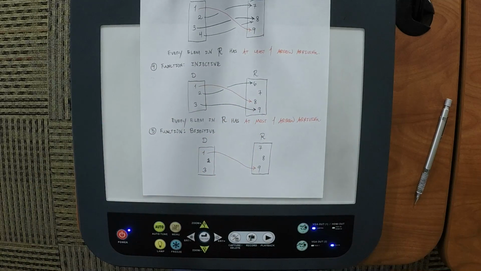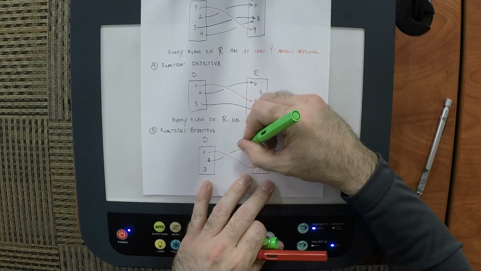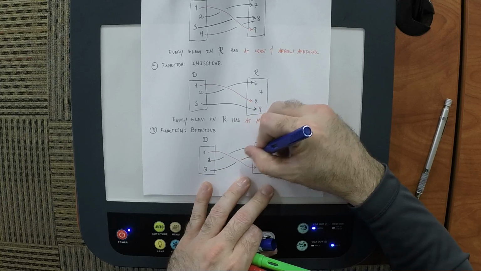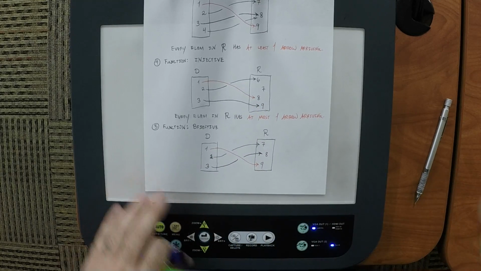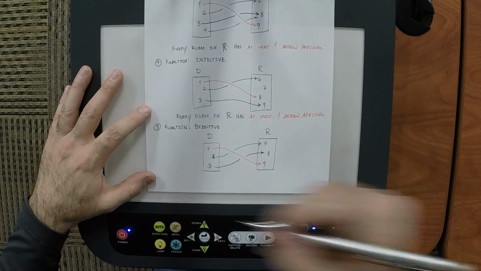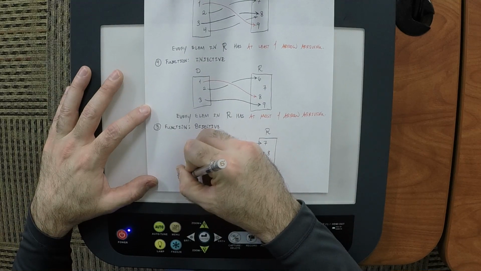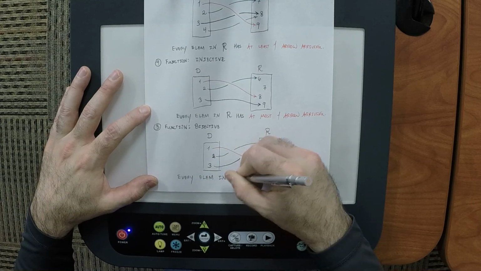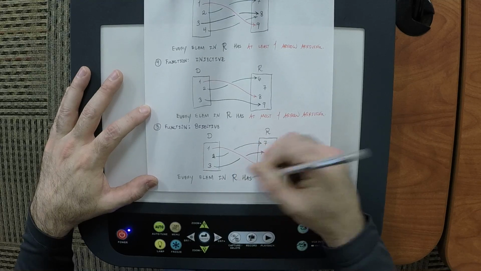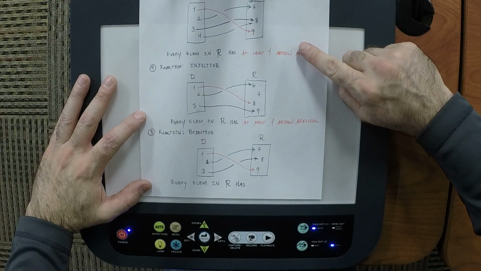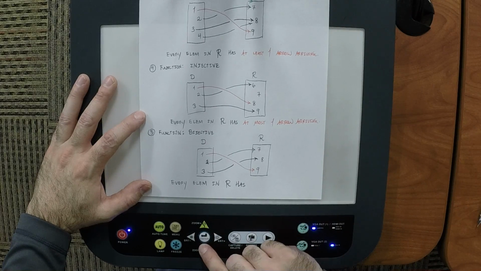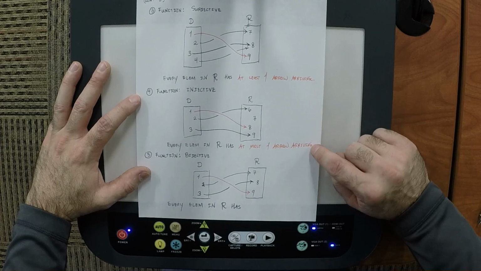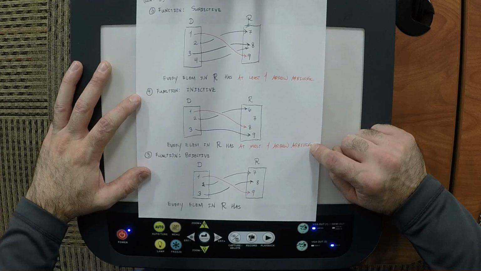So suppose that this is the mapping. Now the restriction is that every element in the range has... For surjective, we wrote at least 1 arrow arriving. For injective, we said at most 1 arrow arriving.